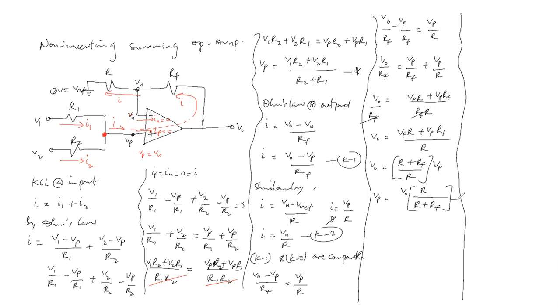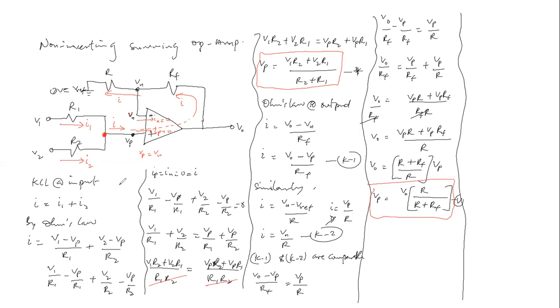So let's make this the next equation, let's say V. So now we can compare equation star with equation V, because they are both V sub P.